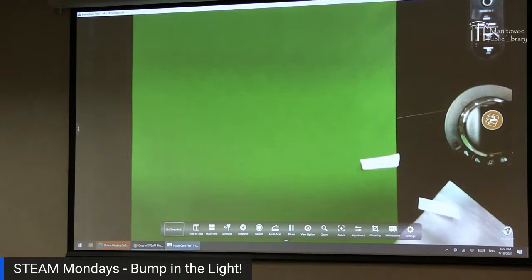If you've got your battery in place, Miss Ashley's going to come around and give you two pieces of tape. What you're going to do is tape the aluminum to the battery and take the other side down on top of the hole.